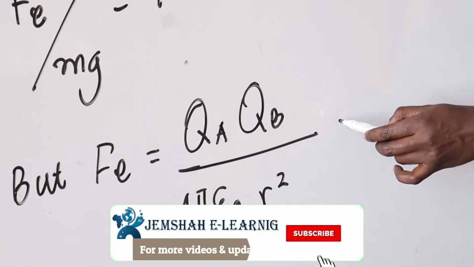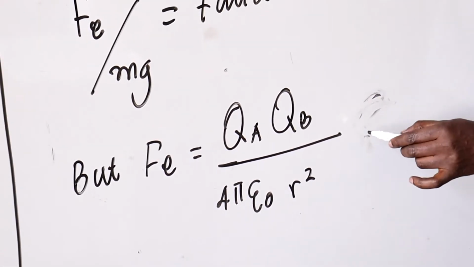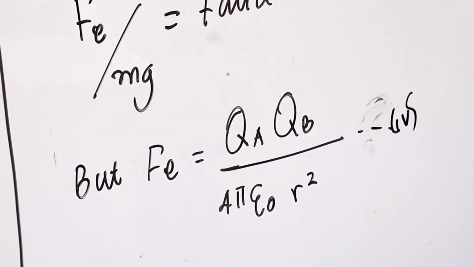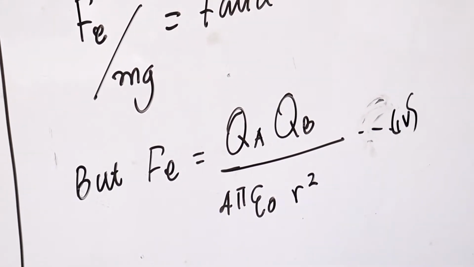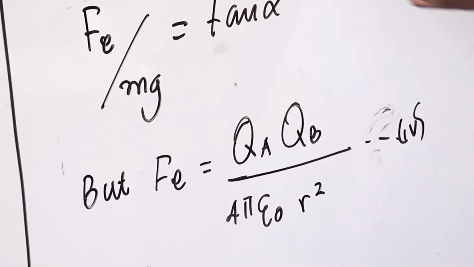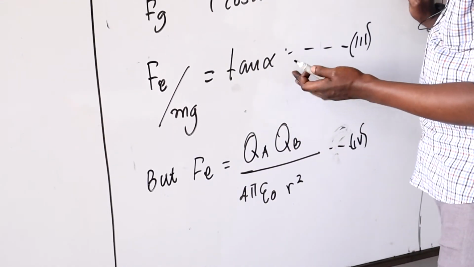So this is my F. Yeah, this is my equation number 4. But that is given by that. So now from that equation 4, we can substitute this expression up there and bring mg to the right hand side.